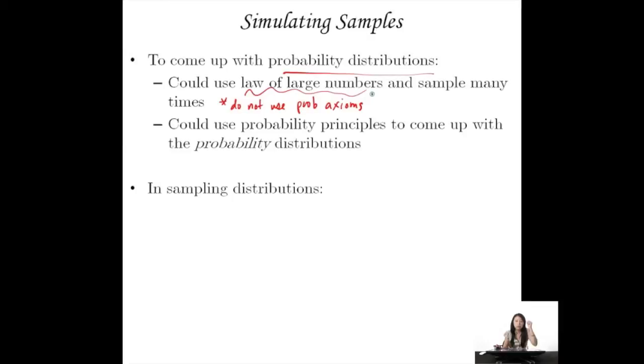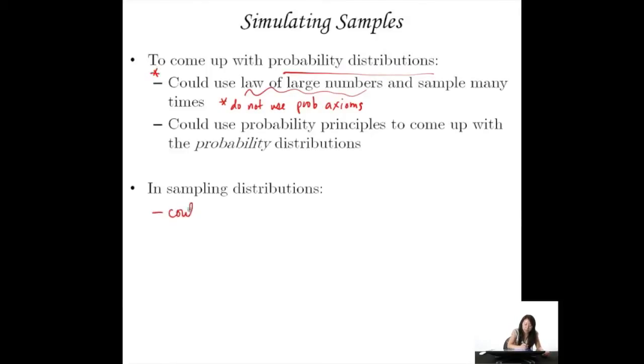We could do that. You could flip a coin hundreds and hundreds of times, or you could use the probability principles to come up with a probability distribution. This one will take a lot longer than this one, but you have to know more stuff in order to implement this. But these are also shortcuts, right? So that's nice. Well, in sampling distributions, you also have two different methods where you could come up with sampling distributions. One of these actually applies here, and that is this one.